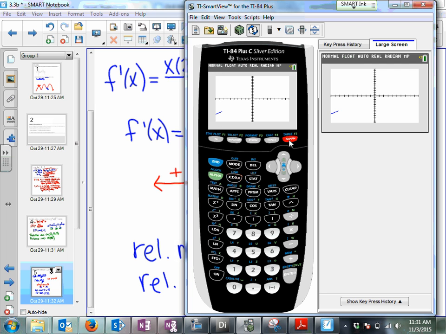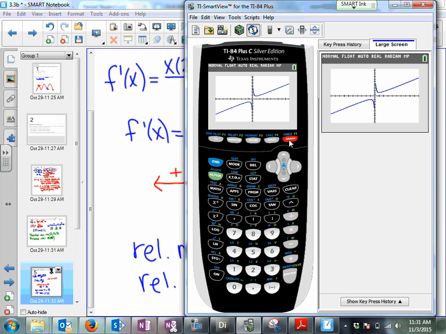Okay, so here is our graph. We do not have a relative minimum or a relative maximum at x equals 0 because it's an asymptote. It still popped up in our critical numbers, but we can't have a relative min or max there.